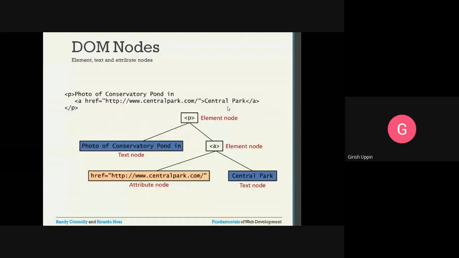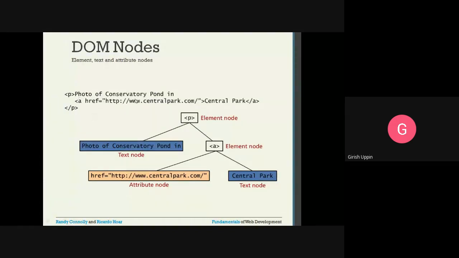Element node is what? Whichever HTML element is present in the HTML document forms an element node. For example, in this particular HTML document, we have one paragraph and one anchor. Two HTML elements are there. And text node is what? Any content that is present in the HTML document is called the text node.